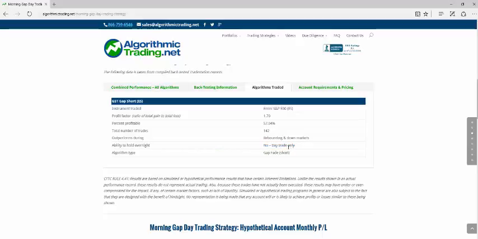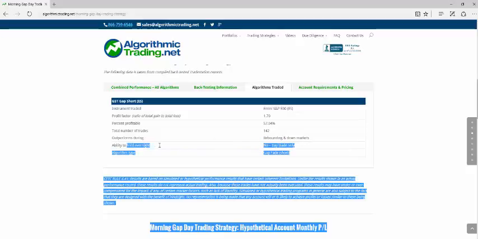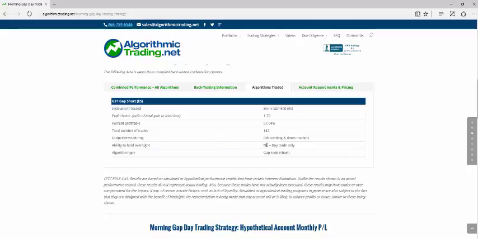Or, since this is a short algorithm, I guess it'd be the opposite, where, I don't know, some monetary policy change makes the market gap up 500 points. Because it's in and out the same day, we don't have to worry about the overnight risk. It's not to say that there's no risk involved, because futures always involves risk.